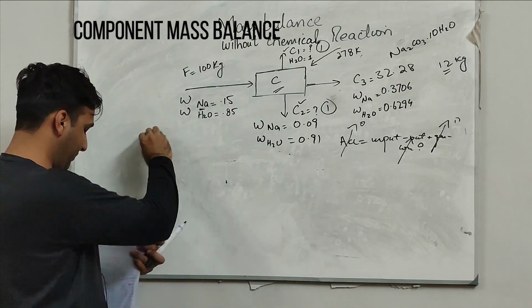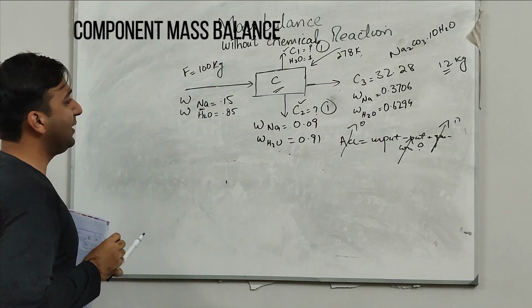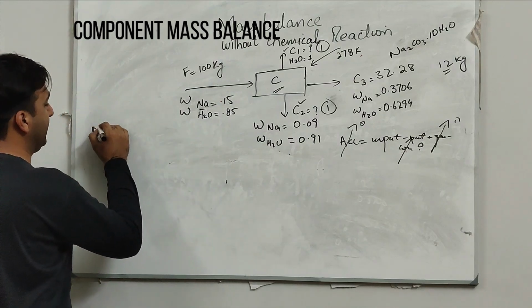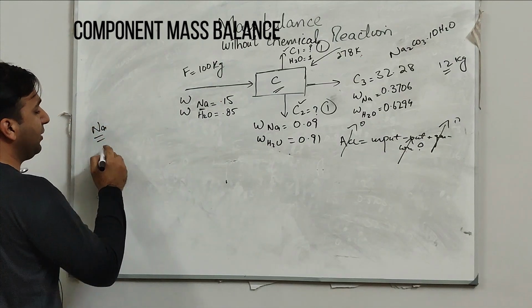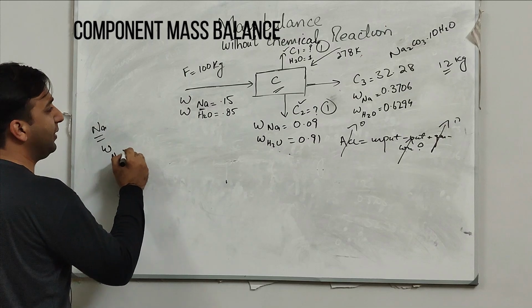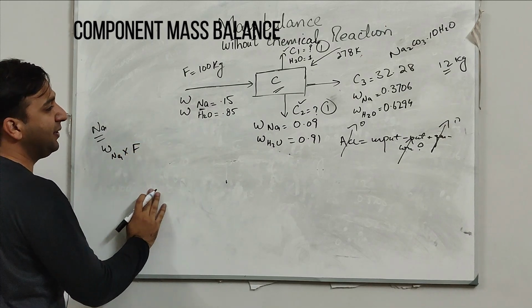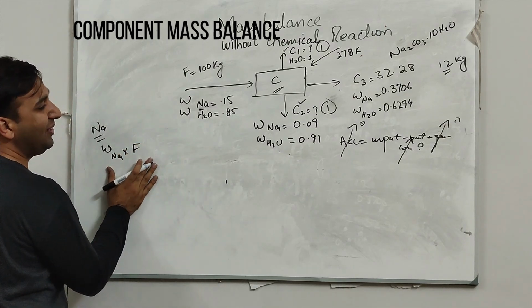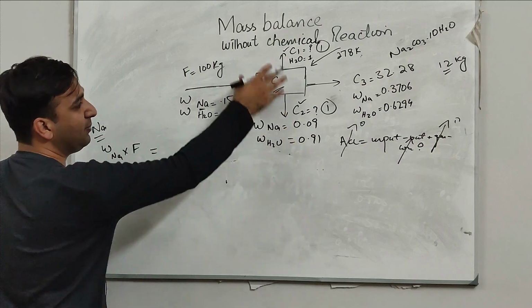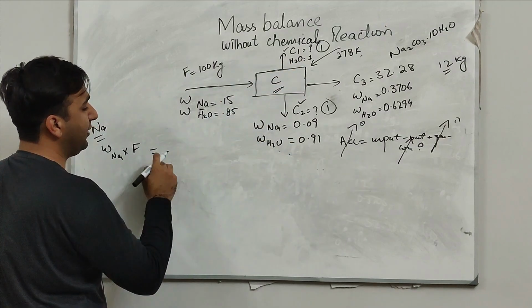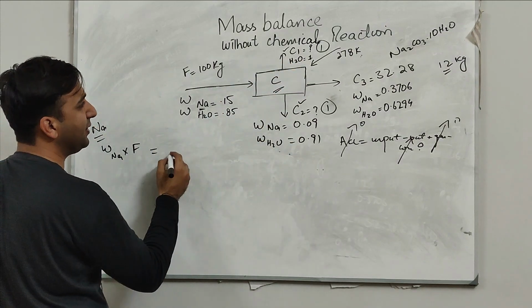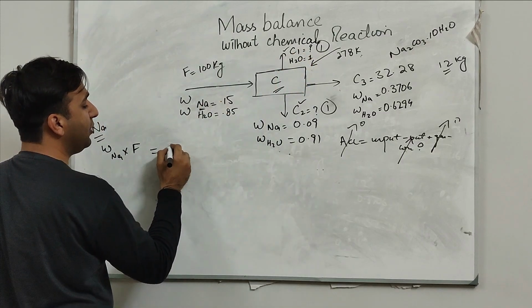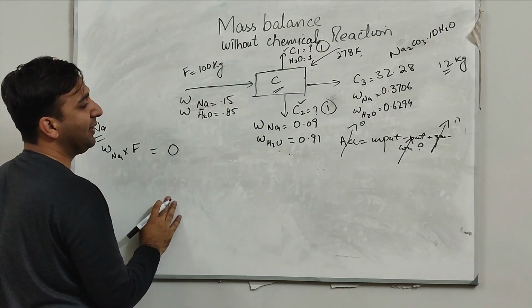So let's start. First of all, we will apply the component mass balance for sodium carbonate. So weight fraction of sodium carbonate multiply its feed stream. It is the only stream that is entering, all the other streams are leaving, so they will be written on the other side of the equation. So here no sodium carbonate is present, so I will write 0.